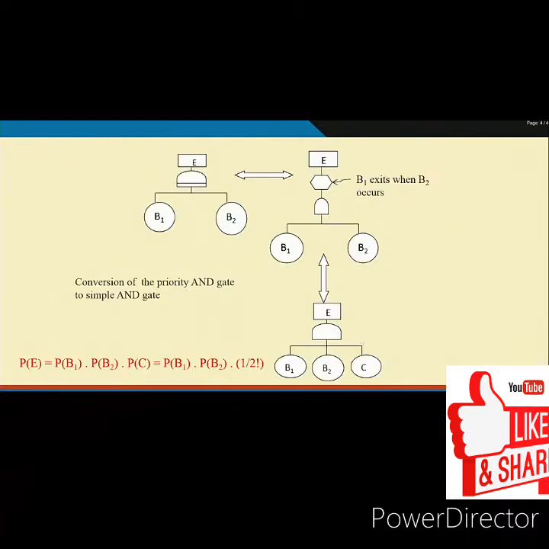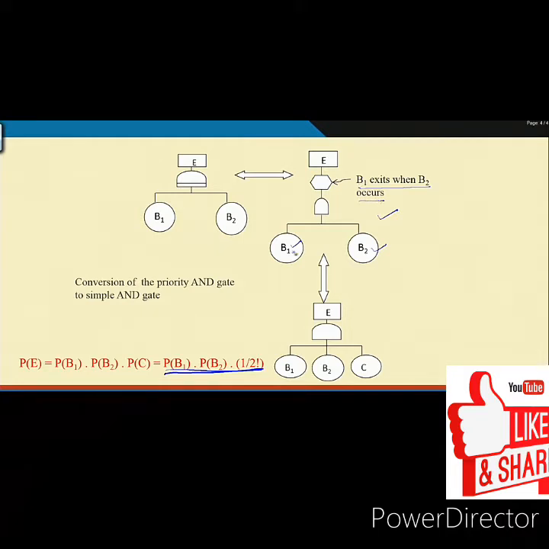Now, here I am showing you how this formula is derived. You see, this is our priority AND gate. Its equivalent representation is this: B1, B2 should occur, but at the same time the condition is that B1 exists when B2 occurs.